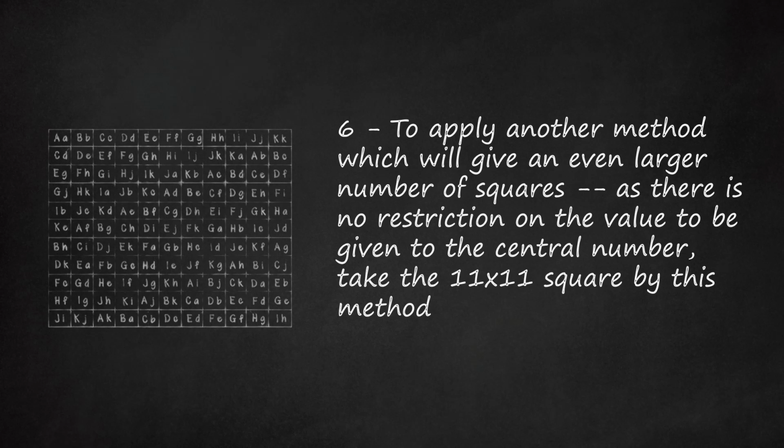BHCIDJ AK FAGBHCIDJE KFAG. DKEAFBGCHDIEJFKG ABICJ. FCGD he if JGKHAIBJCK to EB. HFIGJH Ki AJ Bank CADB ECFD GU. GKJAK BA CBDC ED FA GFHGIH.